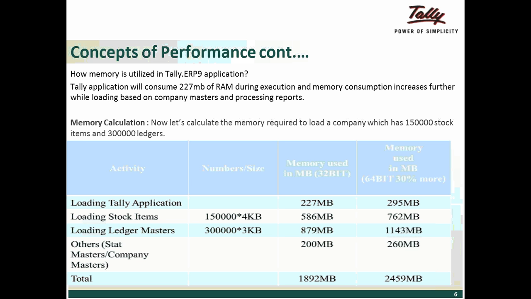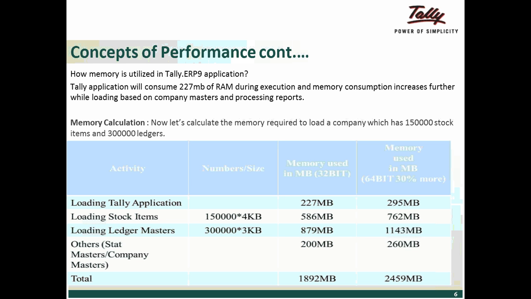To load a company, it requires 227 MB, whereas in case of 64-bit, it requires 295 MB. That means a 64-bit operating system and 64-bit Tally.ERP 9 application will consume 30% more memory than its 32-bit counterpart.